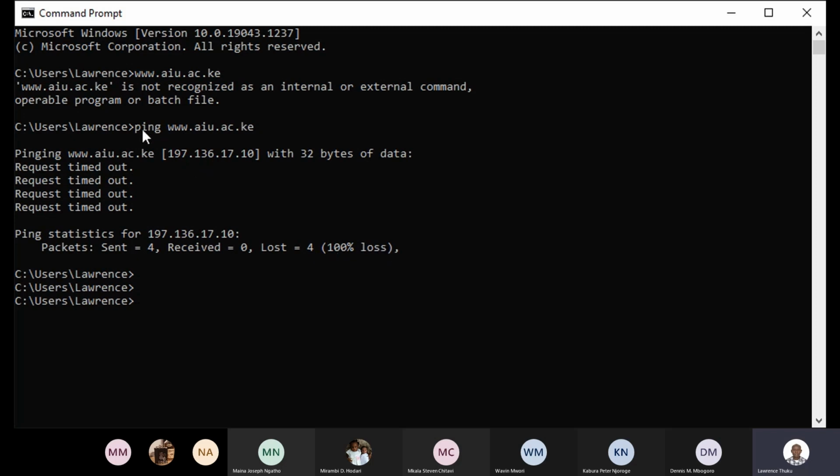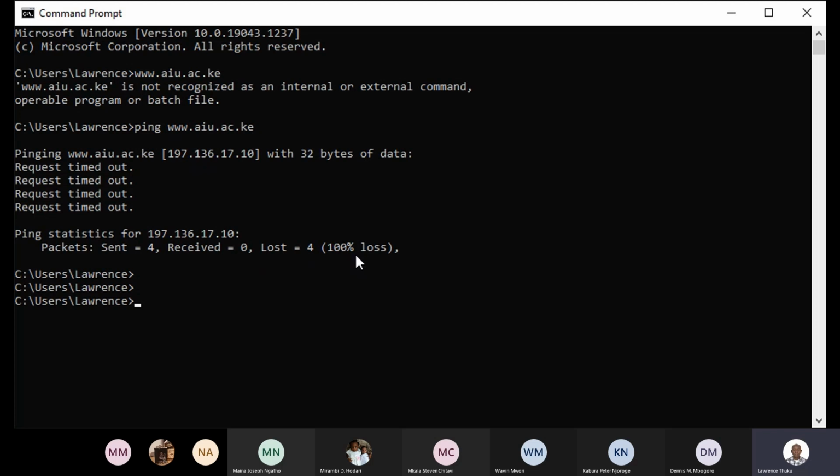So this is a protocol. Packet Internet Groper is a protocol which tries to establish communication between two devices. I was trying to communicate with this particular website here, which is 197.136.17.10. It sent 4 packets, it received none, and the loss was 4, giving us 100% loss. Now, this is the format I'm talking about.